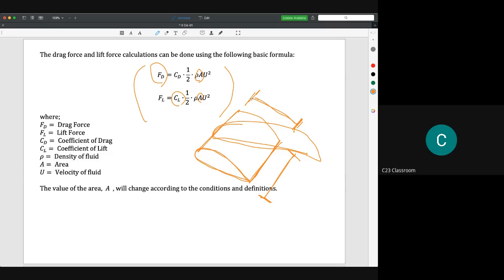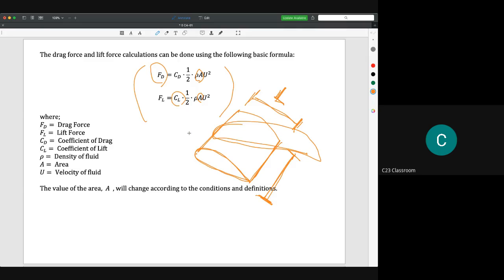It depends on the definition. If you do research, it can be anything. Some people take this as the length of the span, for example, and just multiply it with the width here to get the area.